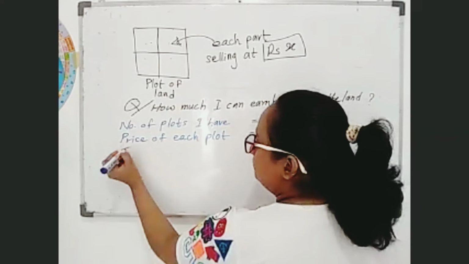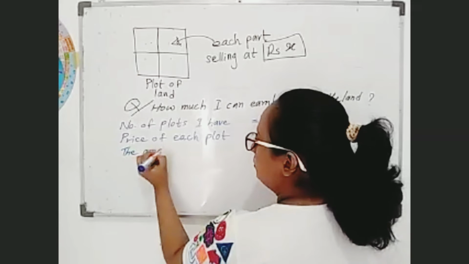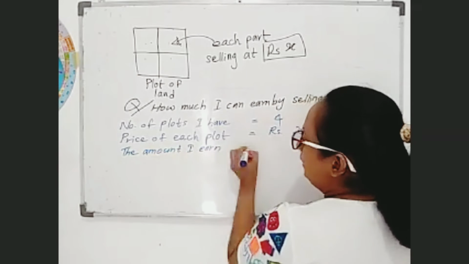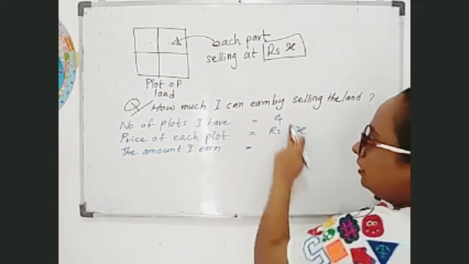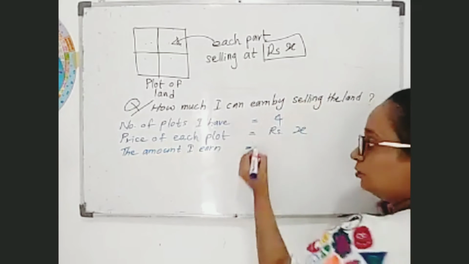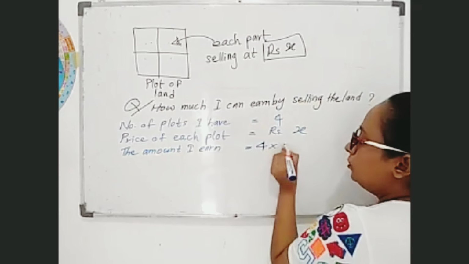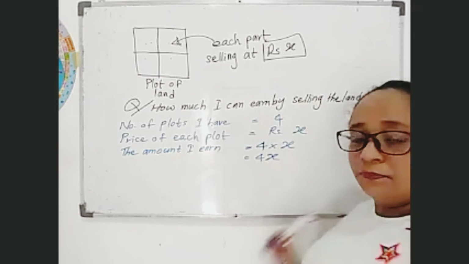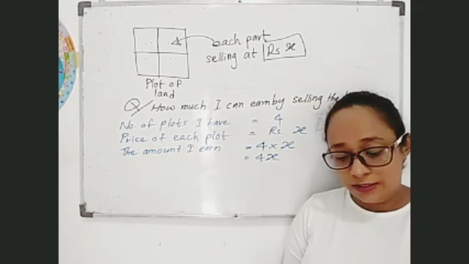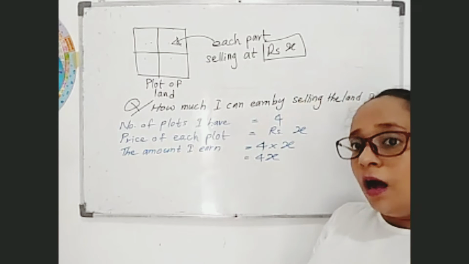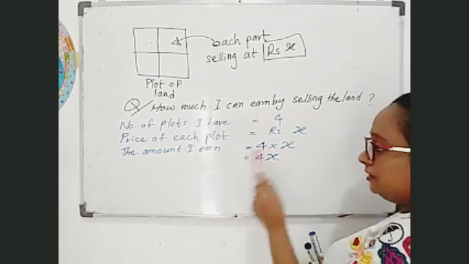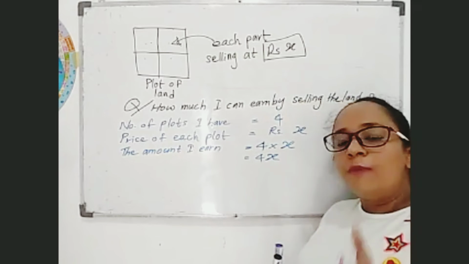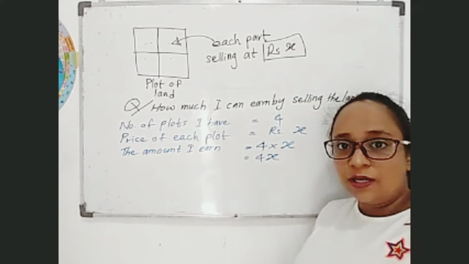So the amount I earn is අපි එකක් x ගානේ 4ක් sell කරනවා. So that will be 4 into x, that is 4x rupees, right? 4x rupees. And I'm going to divide this amount among 3 of my sisters, right?